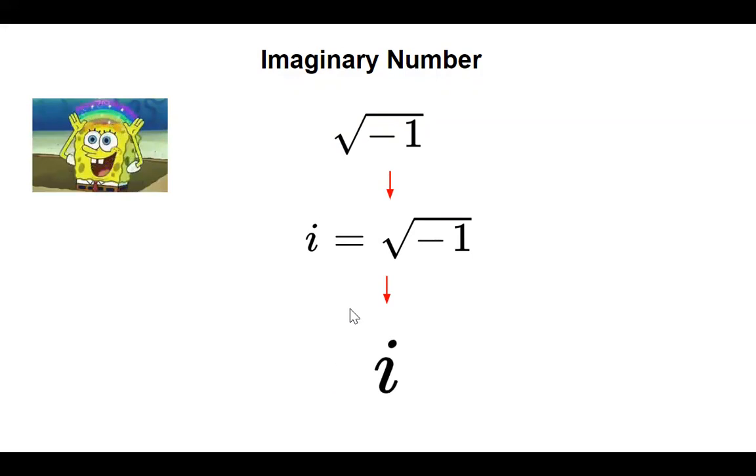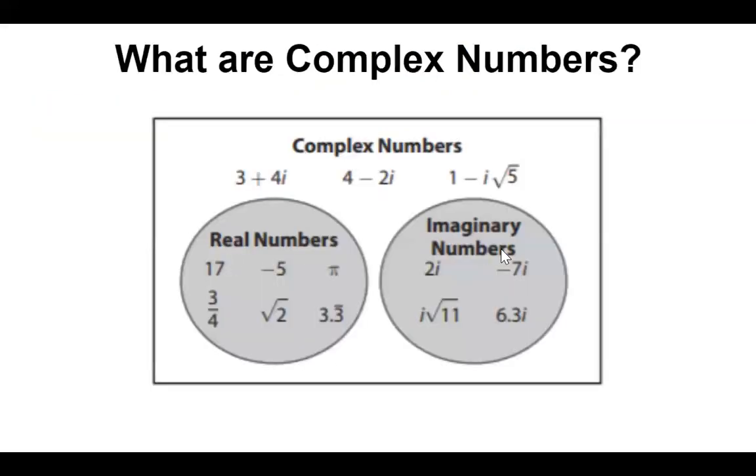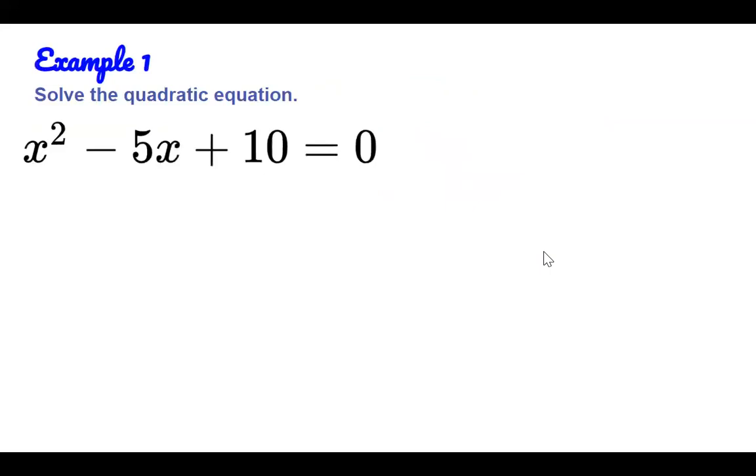Now, we're going to apply this idea onto our beautiful quadratics. So here's our first example: x squared minus 5x plus 10 equals 0. Now, we can use any method that we want. In the warm-up, we used the quadratic formula to solve a quadratic equation.